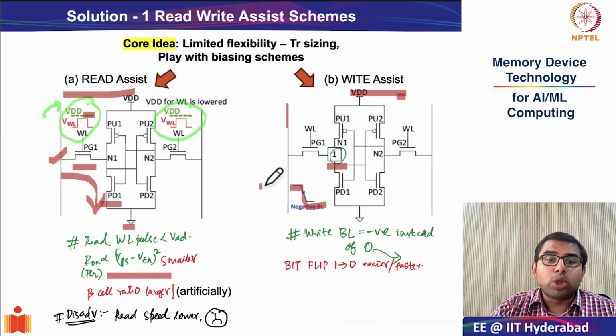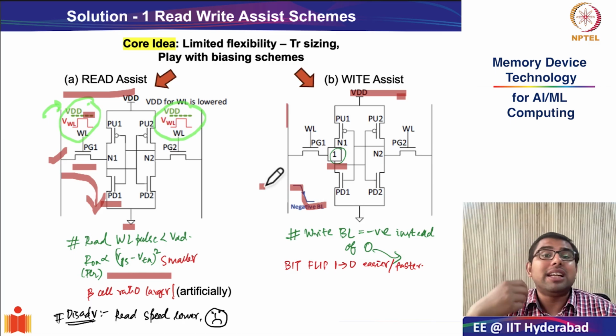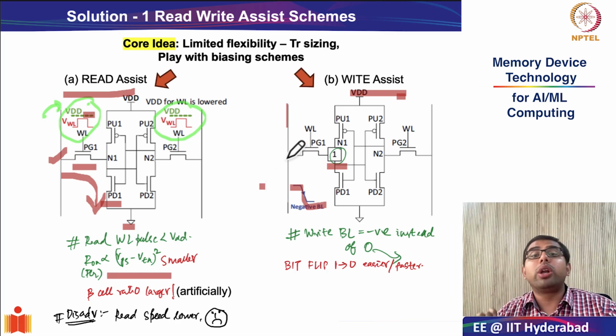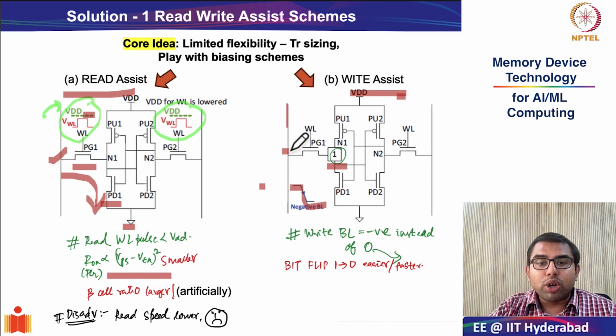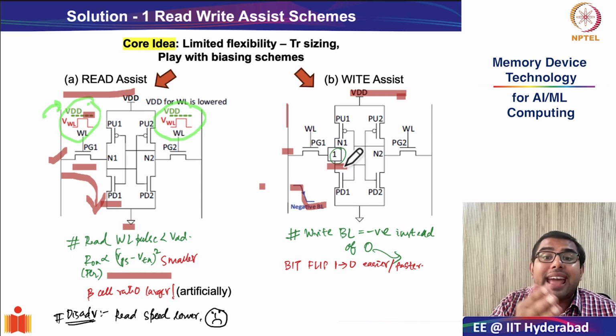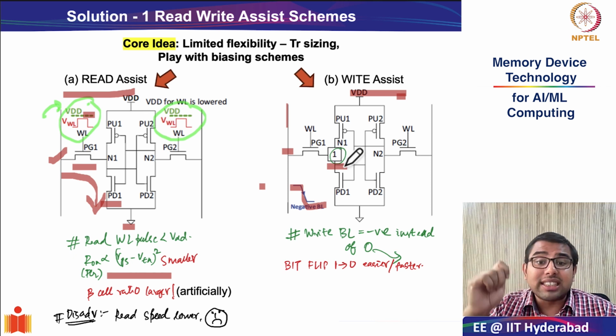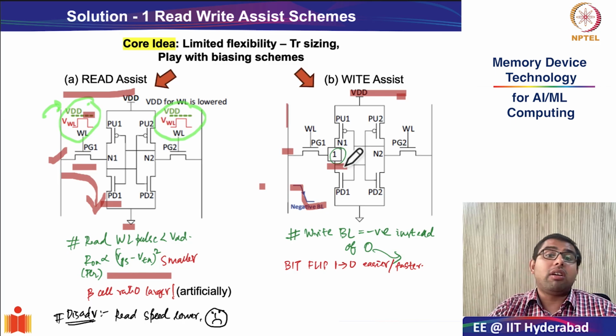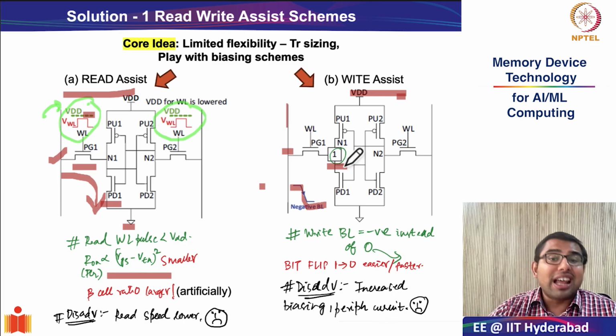So use, suppose, minus 0.2 volts, minus 0.3 volts. Now, how does that help? Compared to your original biasing scheme where bit line was 0 and the internal node was VDD, where the potential difference was just VDD, now you have a higher potential difference. Why? Because the bit line has been asserted to a negative bit line value. And as a result, the bit flip from 1 to 0 will become easier and it will become faster. But there are no free lunches in life.